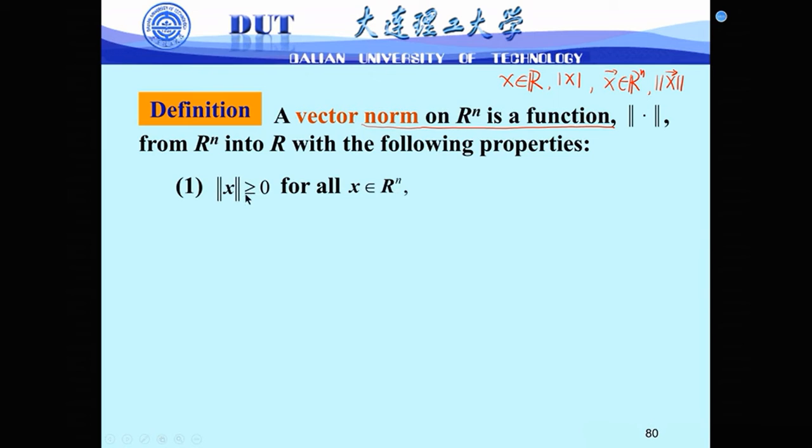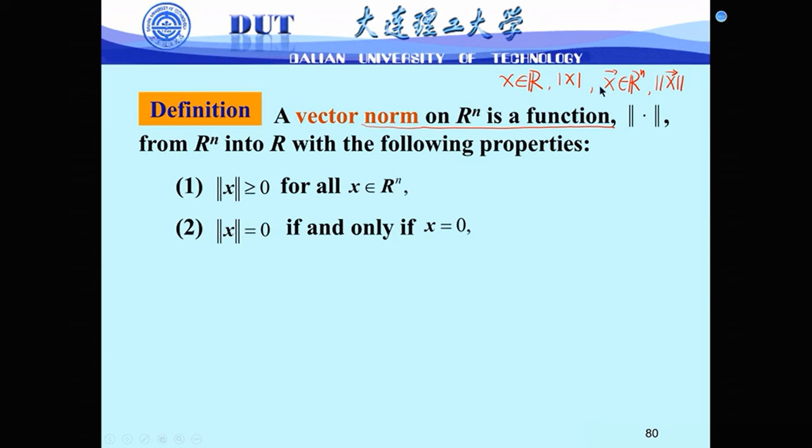It's the usual condition because we know distance is positive, so of course the norm should be bigger than or equal to 0. Second, the norm of x is 0 if and only if x is 0.